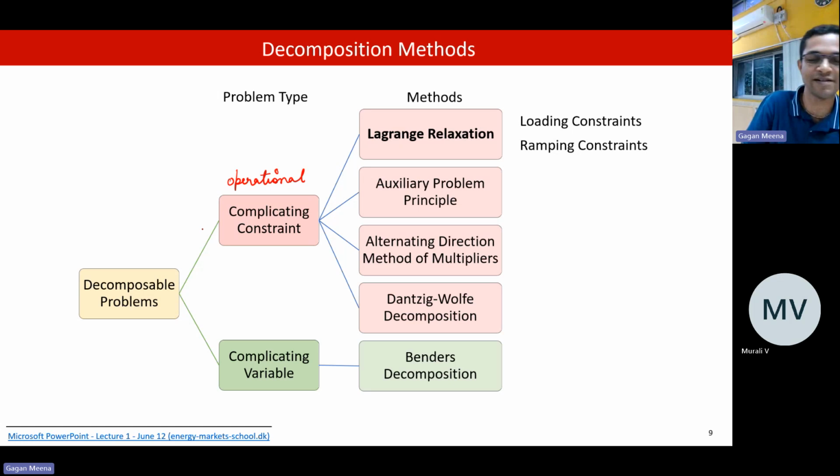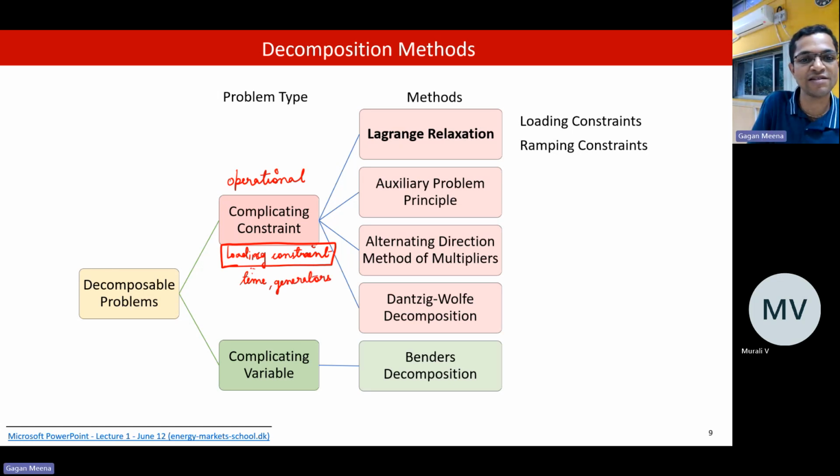As we will see, the loading constraint or the power balance constraint is the one which is linking all the generators, and there is even a coupling of time and generators.